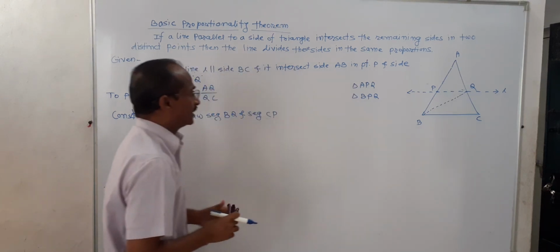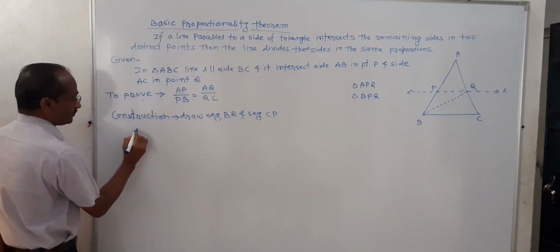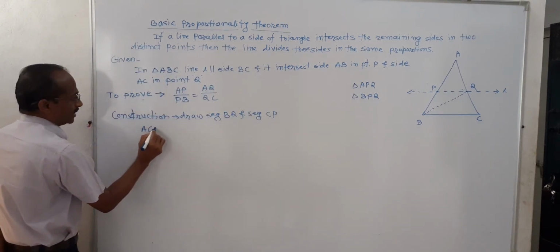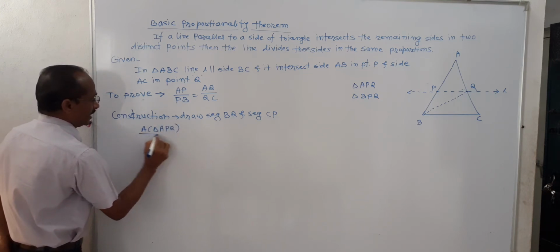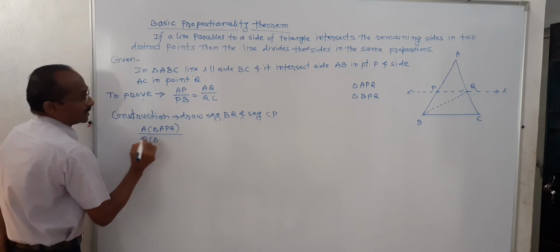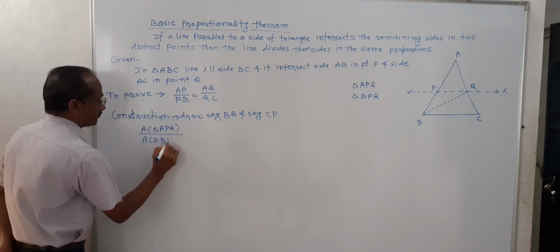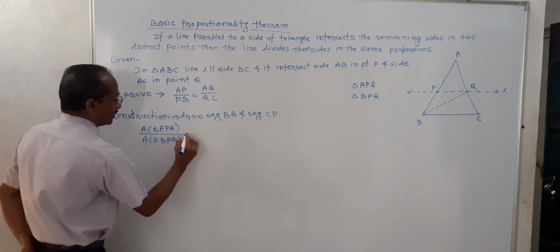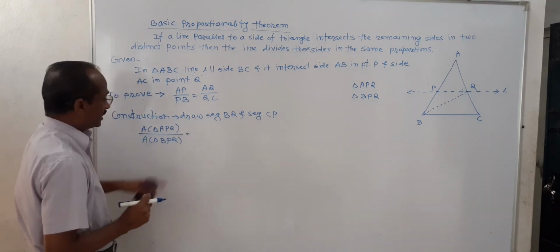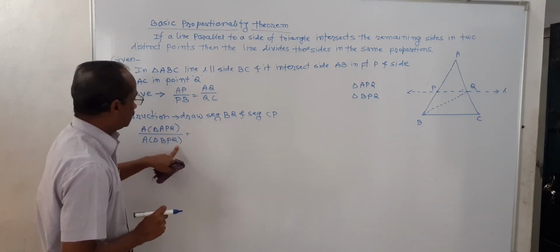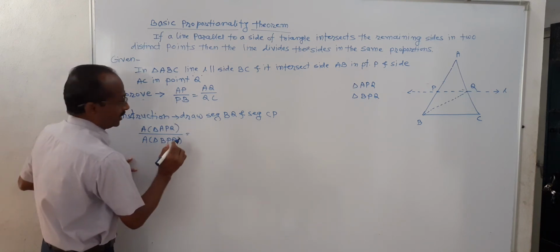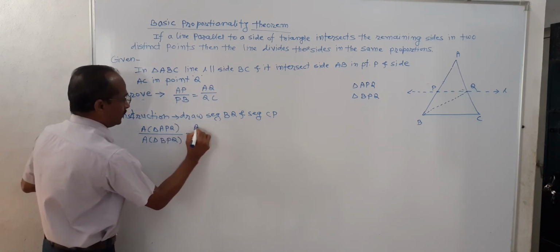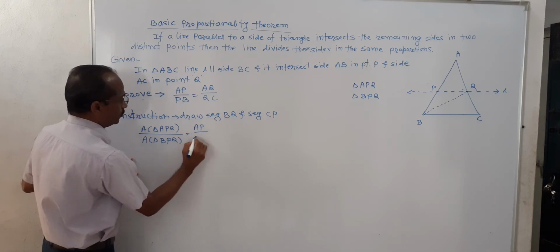So according to the properties, what can we write? Area of triangle APQ divided by area of triangle BPQ equals, since these are two triangles with equal height, the ratio of their areas corresponds to their bases. Base of APQ is AP and base of BPQ is BP.